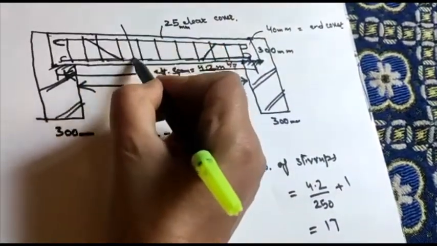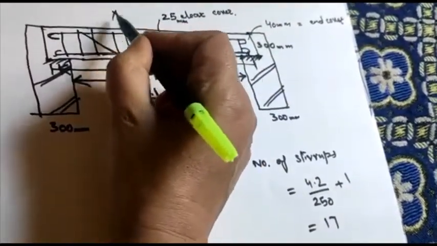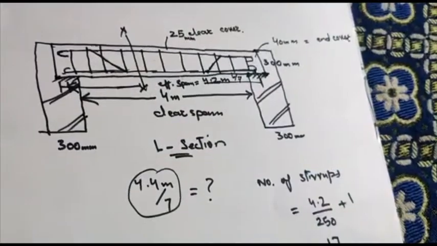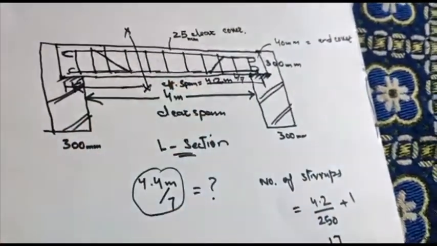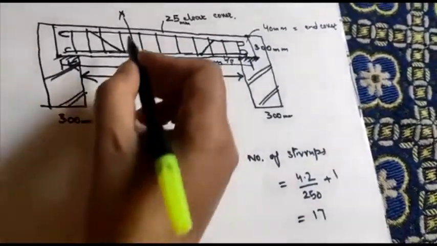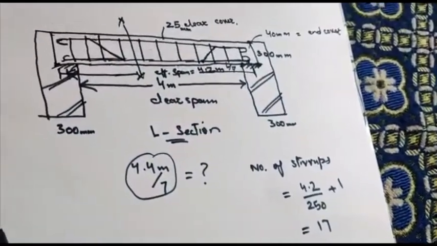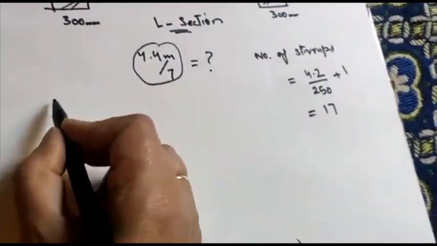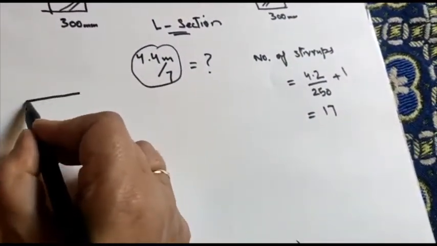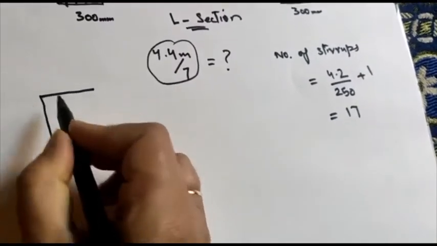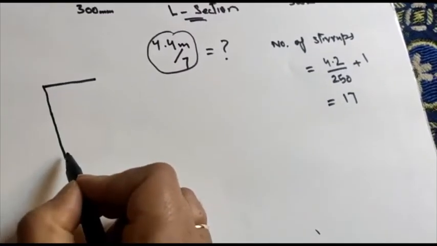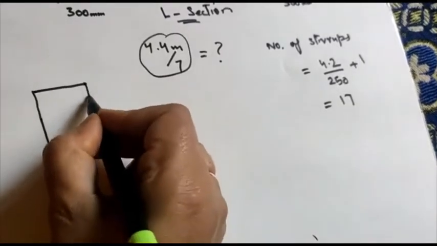Now we are going to draw a cross section of beam. If we cut it at this section, we are going to draw this section now. First of all, the width of beam and depth of beam.